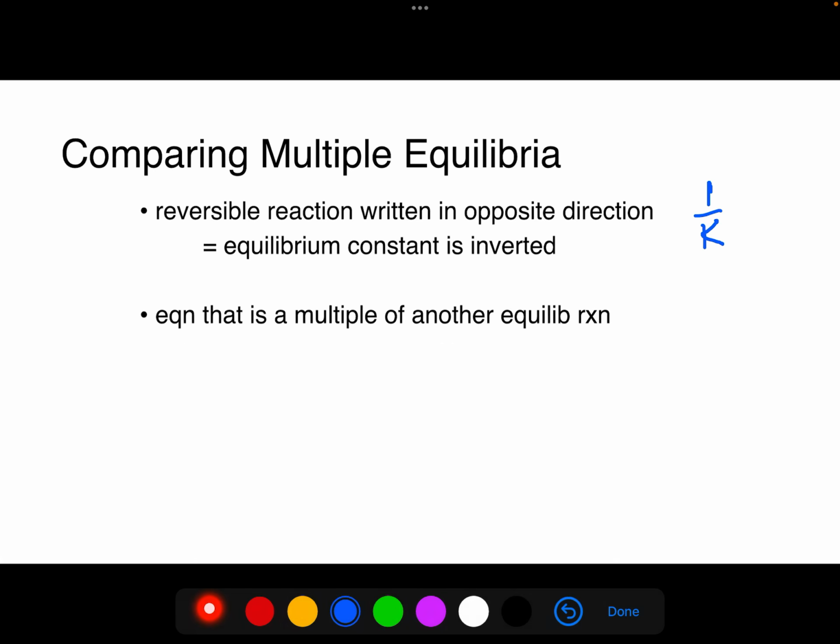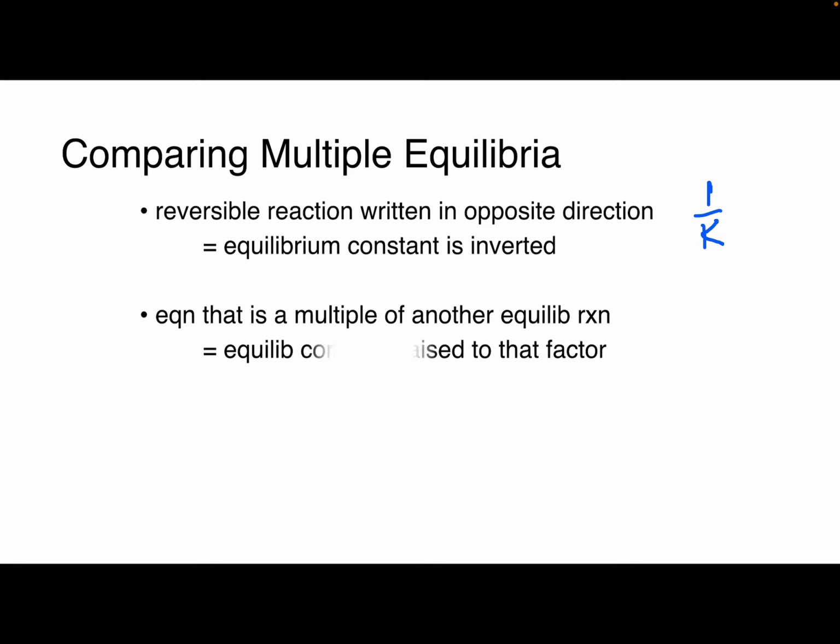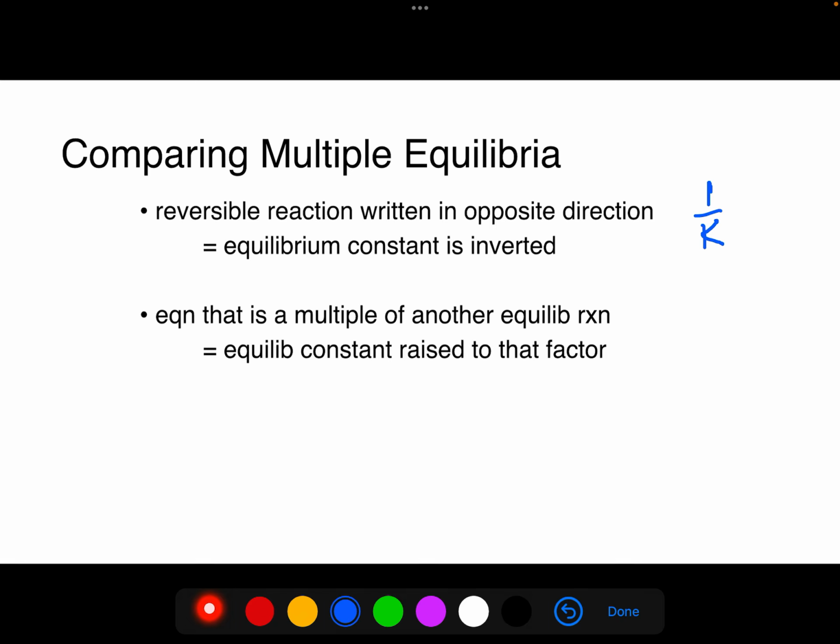We also have to take into account if the equation we're looking at is a multiple of another equilibrium equation. So maybe the entire equation is multiplied by 2, or the entire equation is multiplied by 3. In those instances, the equilibrium constant is going to be raised to whatever that factor was.